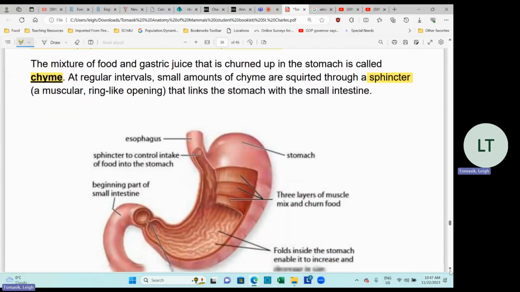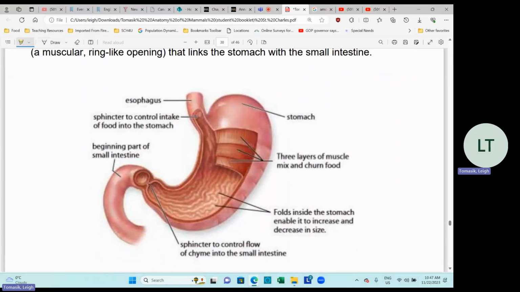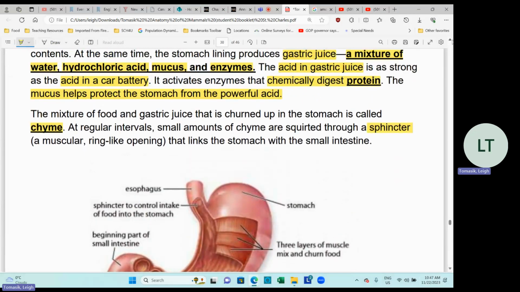The hole at the bottom of your stomach is called a sphincter, but a sphincter is a special kind of hole that is surrounded by muscle that can open and close. So the hole between your stomach and your intestine is not always open, right? Every once in a while, the muscle opens and allows a little bit more of the partially digested food called chyme through.